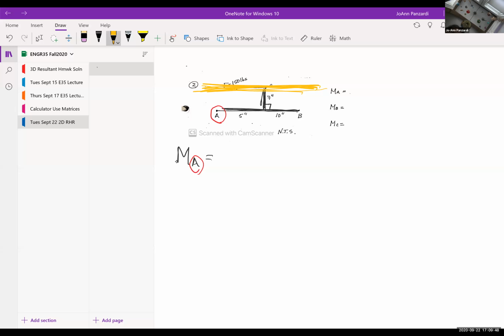Remember from before, we can always extend it out. Do you now see a perpendicular distance between the force and point A? Edgar? Okay. So Elizabeth, do you see a perpendicular distance between the force and point A?